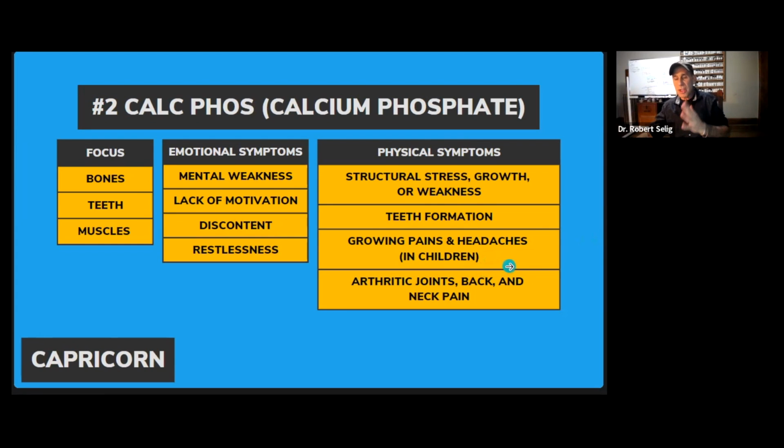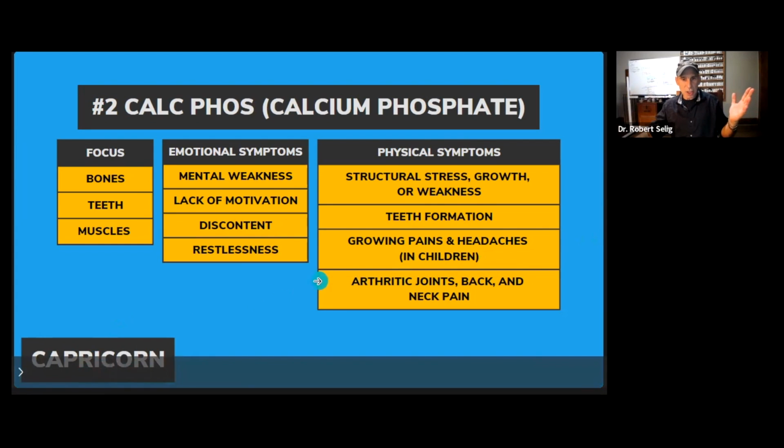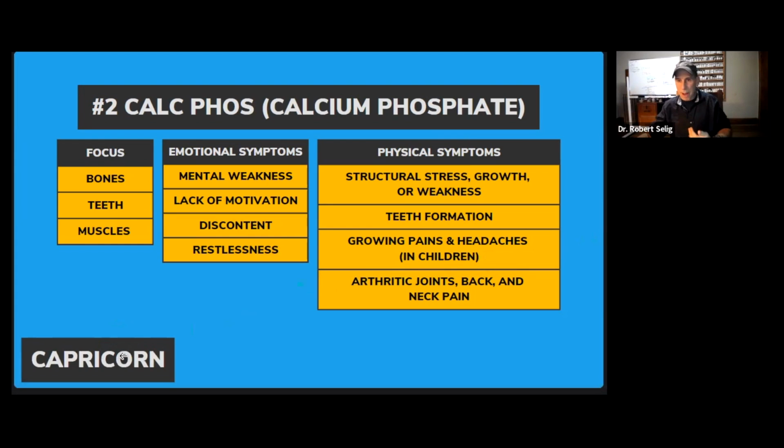This is a tissue salt of the zodiac sign Capricorn. And I'm a Capricorn. This would have been my cell salt as a child because I had horrible teeth, crooked teeth, cavities in every tooth, lost teeth. I had just horrible dental health, and I had horrible bone health. This would have been the nutrient for me during my growing years as a child.